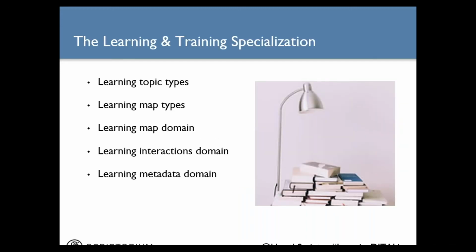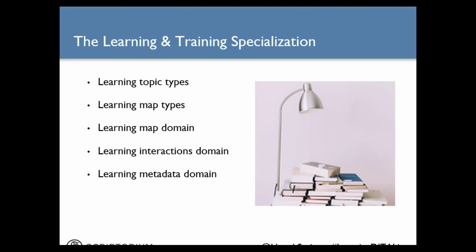So how does the specialization do this? It's made up of learning topic types, map types, and those map types have map domains, which contain special elements. And then there's the interactions domain, which is used mostly for assessments and questions for students. And then there's the metadata domain, which is really based on learning object metadata.